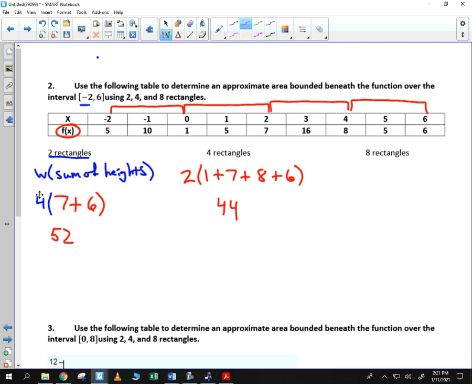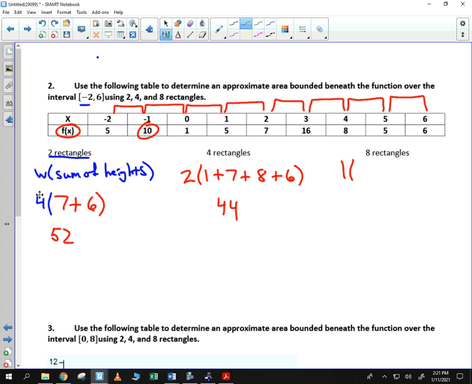We've moved to 8 rectangles. That's not too bad at all, is it? 8 rectangles can be pretty straightforward, just width of 1 each time. And again, we're talking about the right-hand side of things. And so 1 times, we start by adding up, again, the right side.